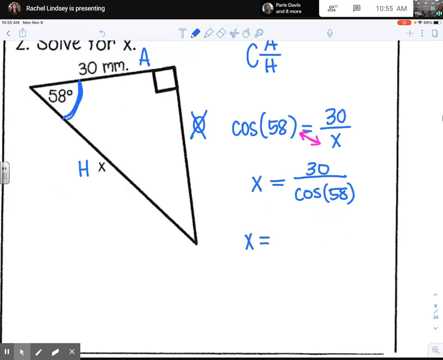Then in your calculator, I would hit the little fraction button, then do 30 on top, and then cosine 58 on bottom. So it'll look exactly like what you have written. And it should give you 56.6 millimeters.